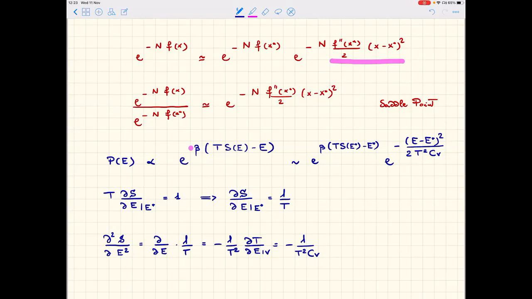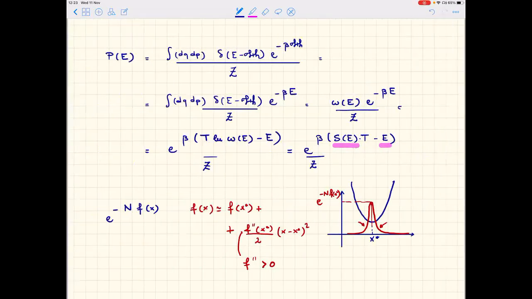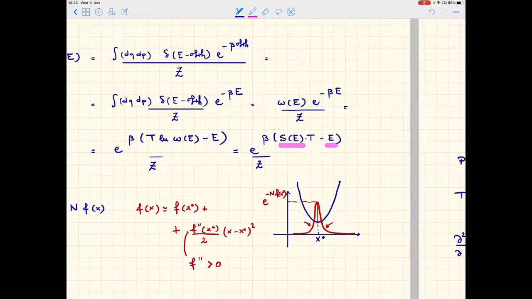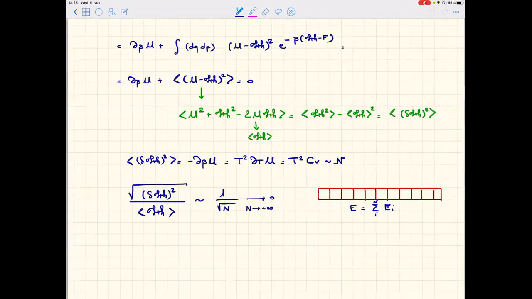Yes. Professor? Yes. You said that this is the same story as before. Where do you find the 1 over square root of N? Here. You see that there is T squared CV.